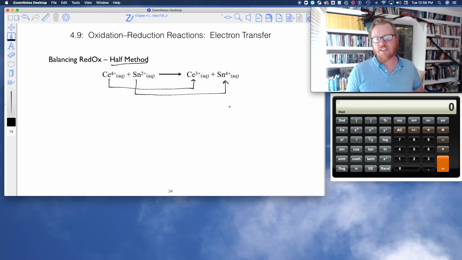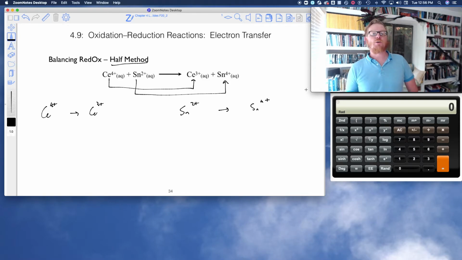So that's going to be pretty easy to break this one up into its two halves. Okay? So I'll write this first half like so. And I'm going to drop the phases just to make this a little bit easier to write. Okay? And we'll put the phases back in at the end. And then I'll write this other half, and I'm going to give myself plenty of space here.